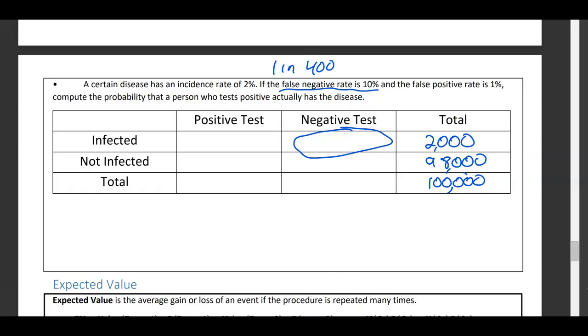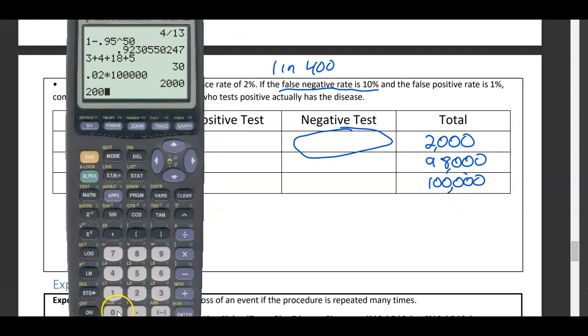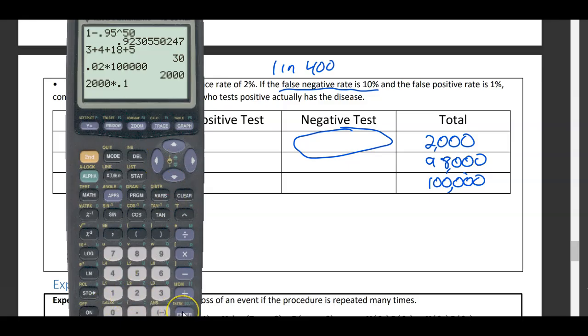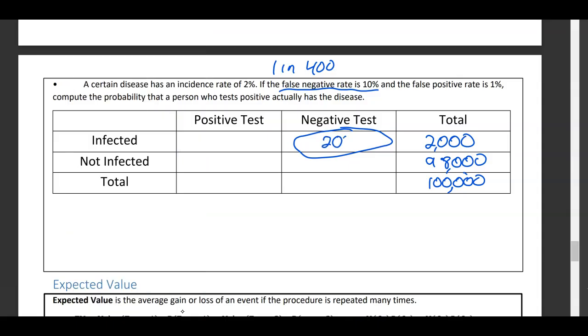So these 2,000 people, 10% of them got the wrong test score. 200 people. So 200 out of 2,000 represents 10%. 10% of them got a false negative. They should not have gotten a negative.